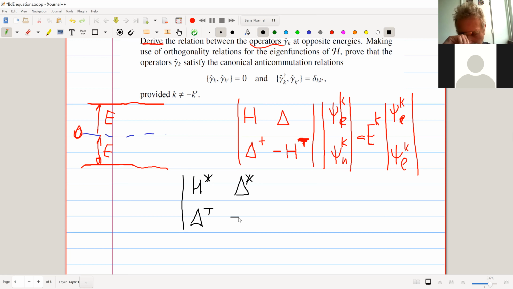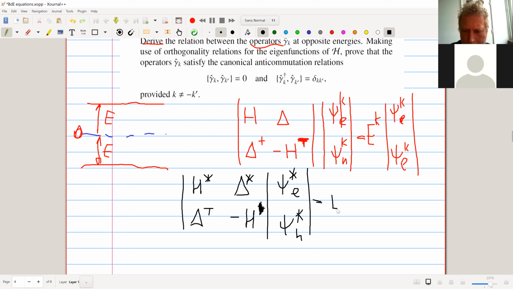Yes, it will be Hermitian conjugation. But since H is self-conjugate, I just don't write anything here. So I conjugate this, I conjugate this. I skip k. This is real, so it stays.